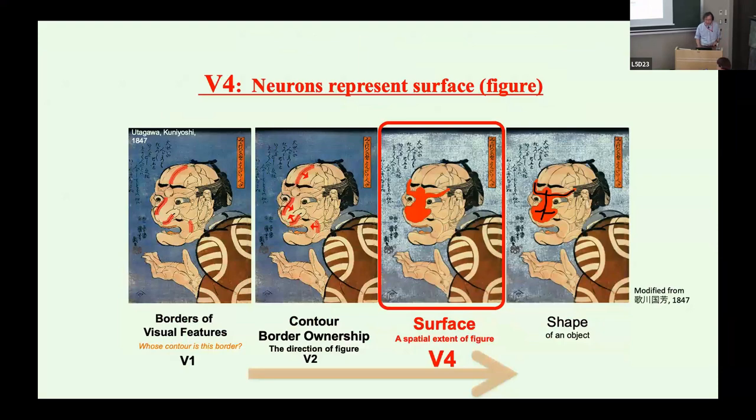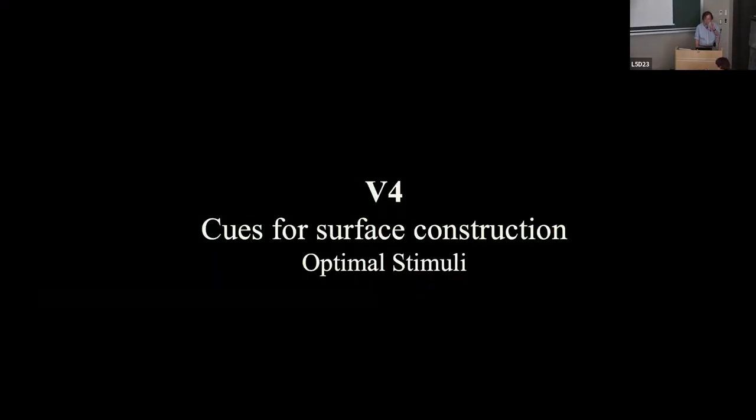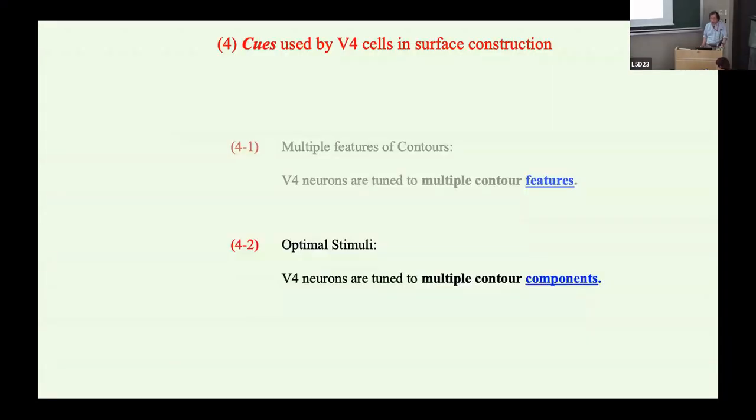The results we have seen so far suggest that a population of neurons construct surfaces. Now I'd like to move on and briefly show what the cues for this construction are. Frankly speaking, we haven't reached a conclusion yet.